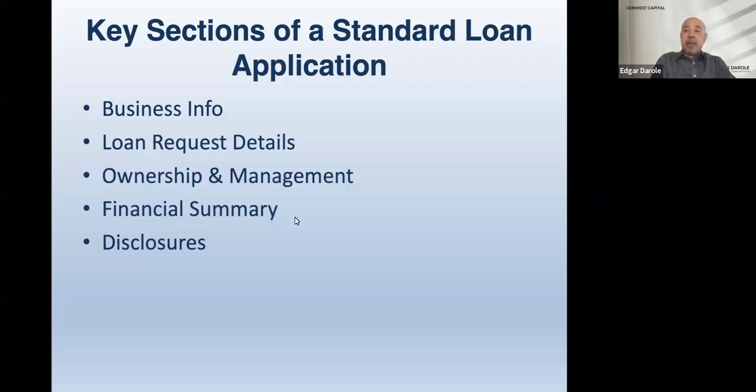This form basically will ask for basic information about the business, the amount and purpose of the loan, ownership and management details, and a summary of your business financials. Also expect some yes or no questions about legal or credit history.